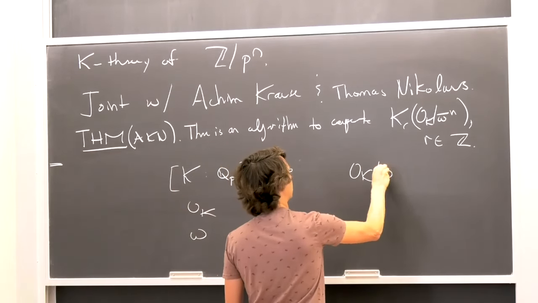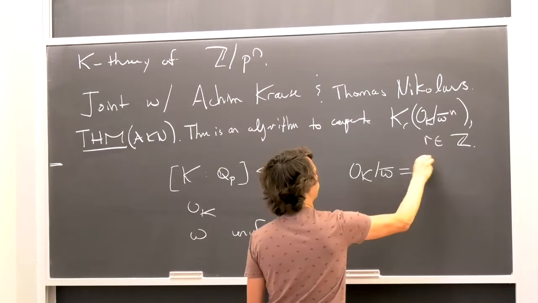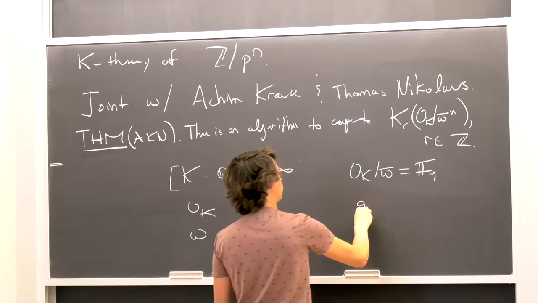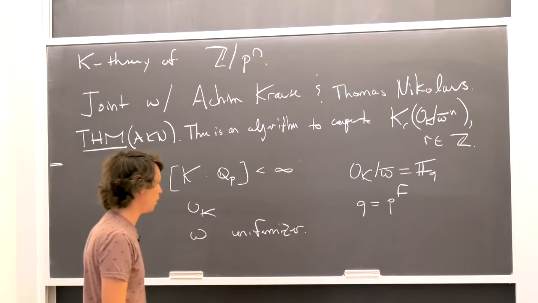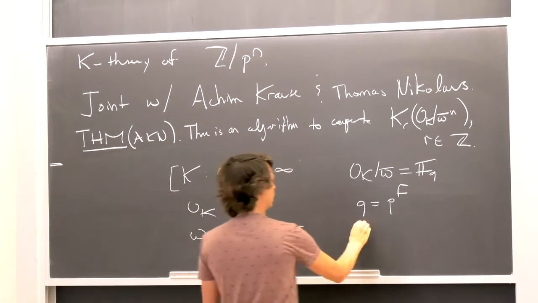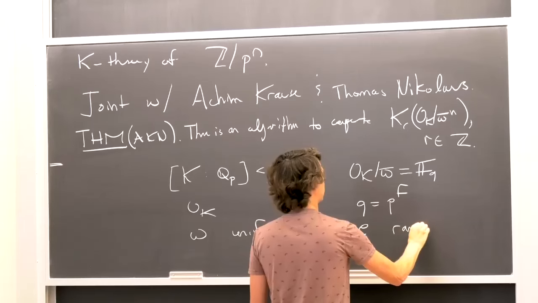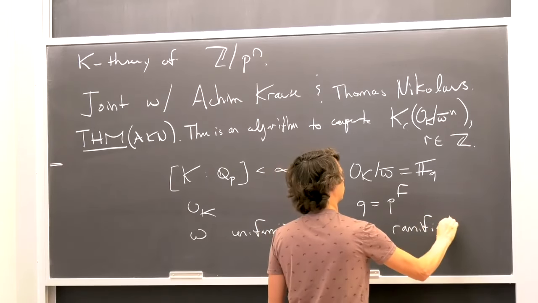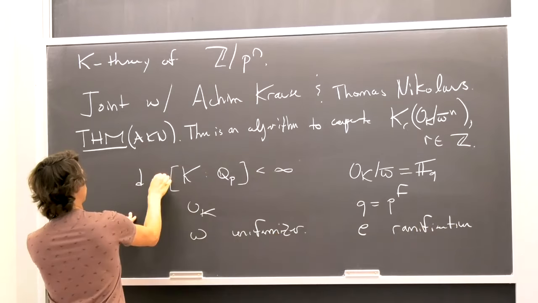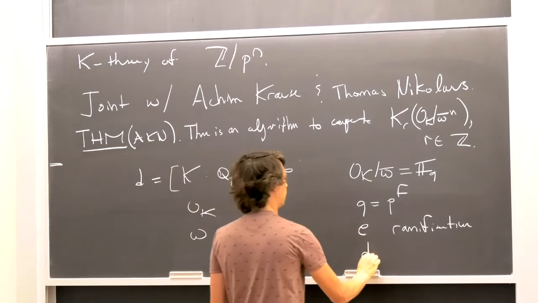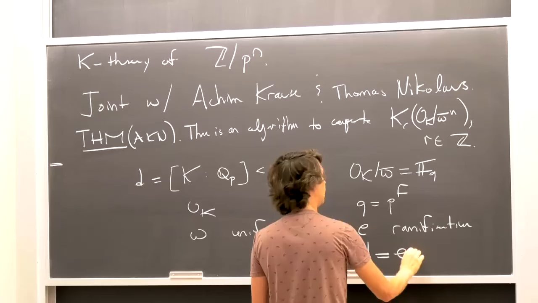O_K mod pi itself is a finite field, F_q, and q is some power of p. That power is going to be called f. e is the ramification index. And it has the property that this number, d, the degree of the extension, is e times f.